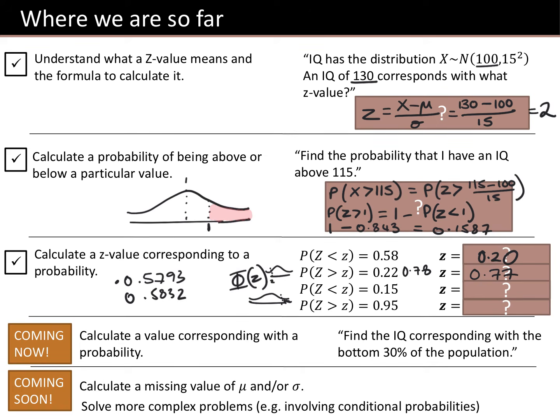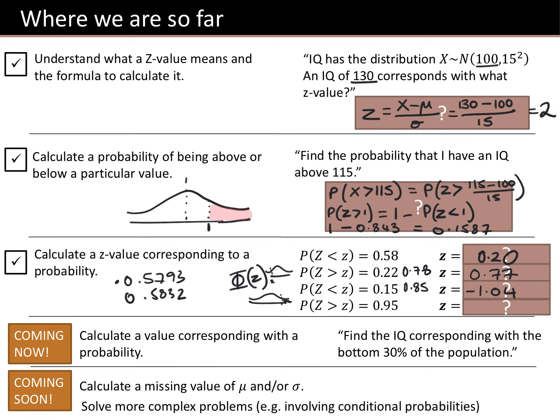So when I flip it, first of all I find 0.85, and then I make it negative. 0.85, where is it? 1.04. Negative 1.04.